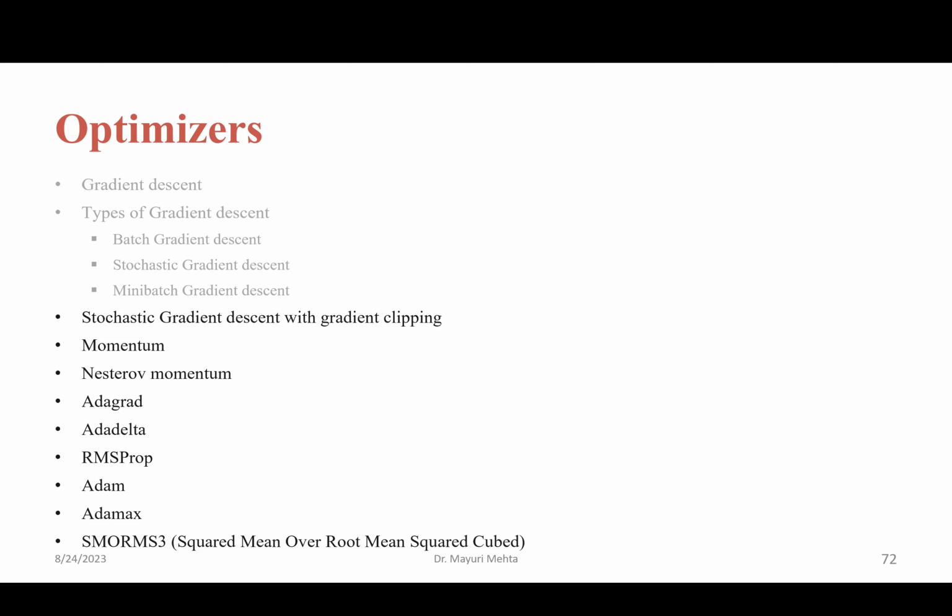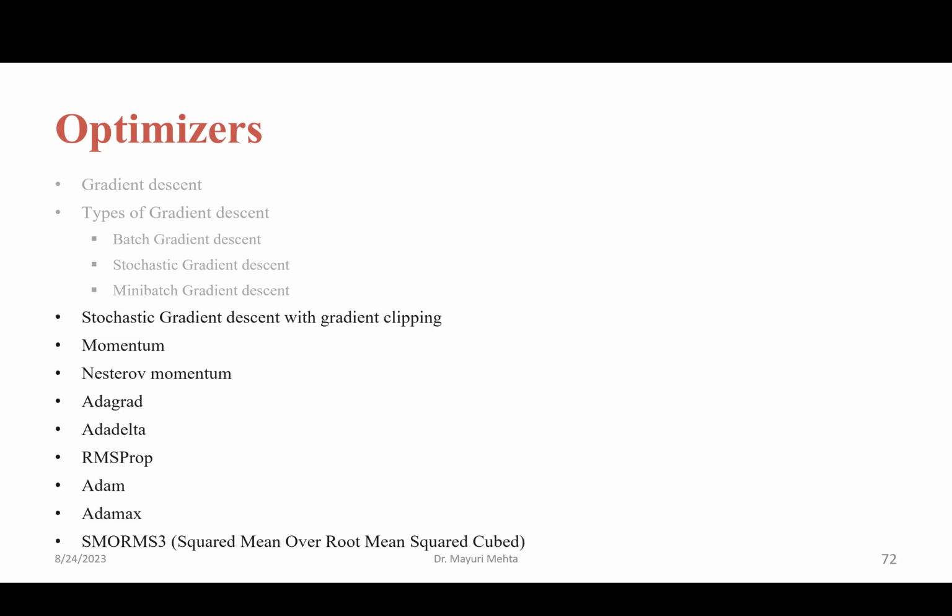This decay factor allows the optimization technique to give more weight to recent gradients and less weight to older gradients. Please understand this. What is the benefit of using this decay factor?